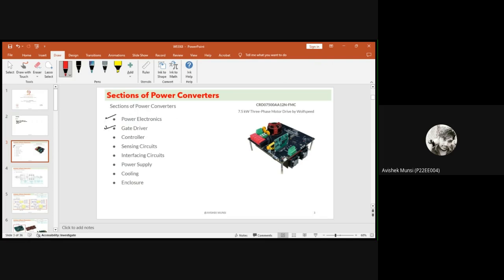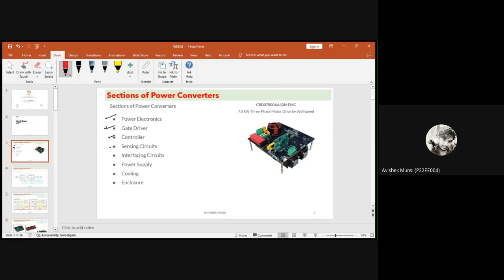So the next part is the controller unit. You definitely need a controller to generate the PWM to switch the converter switches on and off. And in a power converter, we should have a sensing circuit, which can sense the current and the voltage, and based on which it can feed it back into the controller to control it in a controlled manner.